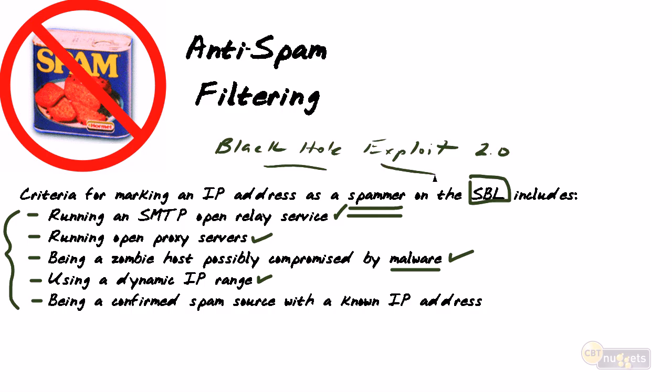So there's exploits out there that can do this. If it's using a dynamic IP range, that's going to red flag as a spammer according to the SBL. And if it is a certified or confirmed spam source with a known IP address, maybe on a blacklist, then of course that will be marked as spam.